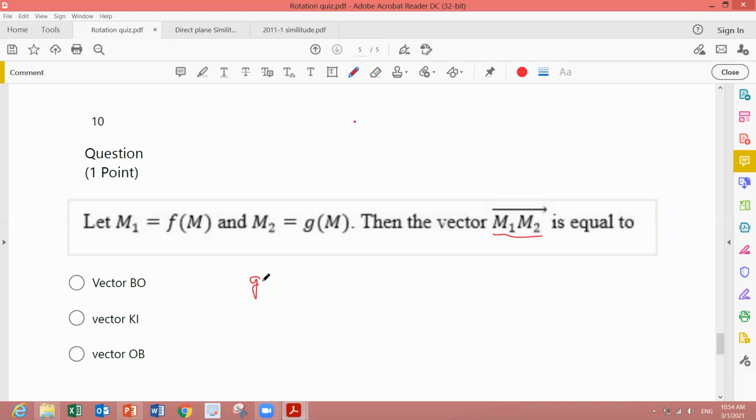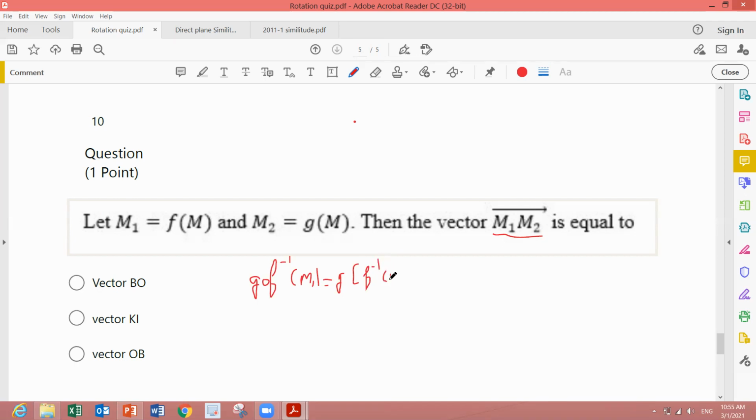So I take G round F inverse of which point? G F inverse of M1.